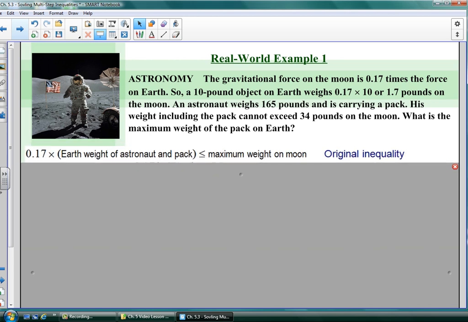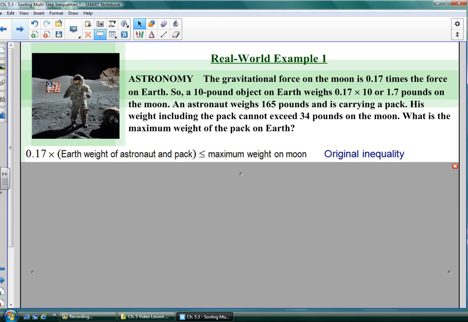So this is really what we're talking about originally. There's a maximum weight that we have to have on the moon. The weight that we bring to the moon, in moon weight, has to be less than that, and we're talking about 34 pounds on the moon. If we're looking at the Earth weight, the Earth weight is really the astronaut's Earth weight plus the pack. And the pack is something we don't know, so we want to give that a variable.